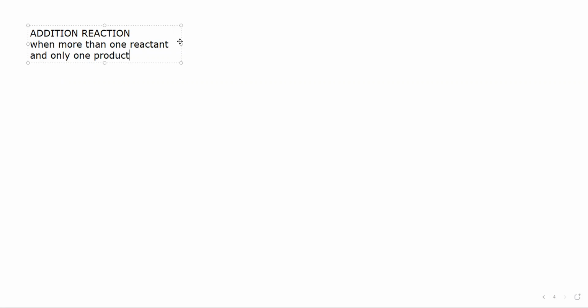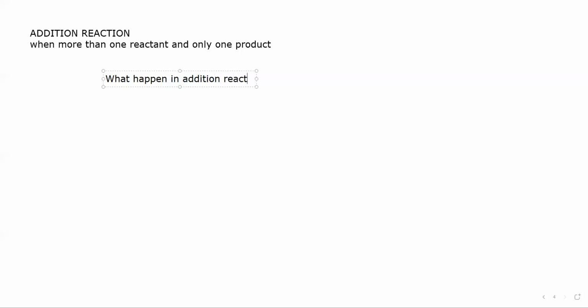So when more than one reactant and only one product is formed, these types of reactions are known as addition reactions. So what happens in addition reactions of alkenes?